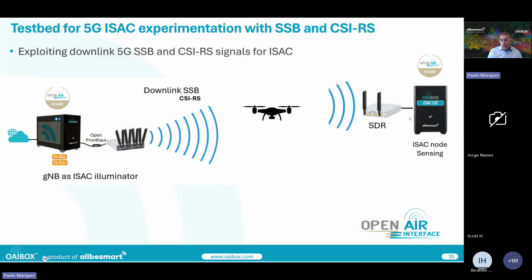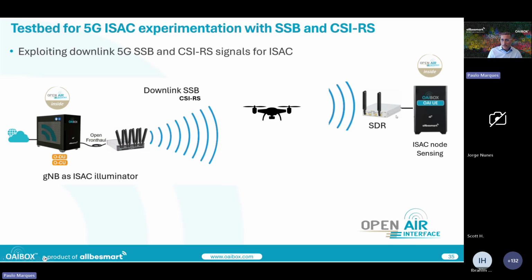And then on the UE side, you need to run the OAI UE. OpenAirInterface is the only open source project that gives you an open source implementation of the UE stack, and you need to have access to the downlink channel estimation using the OAI UE in order to detect the changes on the downlink radio channel when the object appears or is moving.